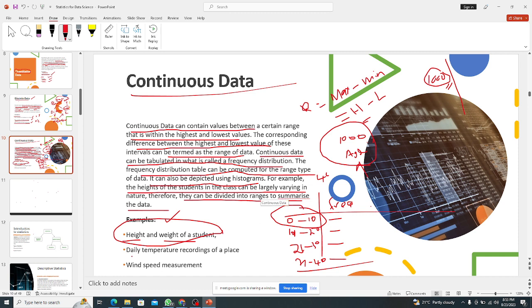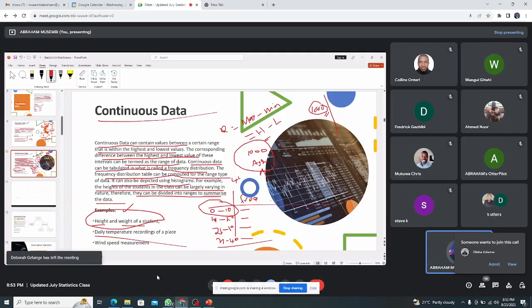Also temperature, maybe when you are measuring or recording your temperature readings, you might find that the temperature of a place can be 22.1 degrees Celsius, 21.6 degrees Celsius. Okay, that is temperature.